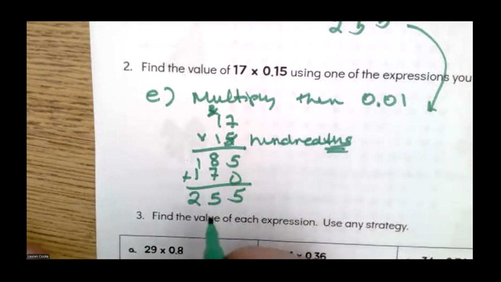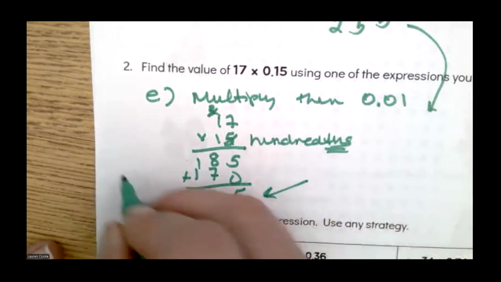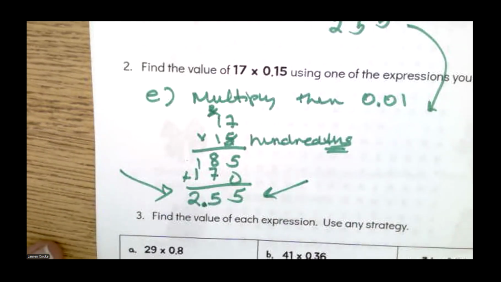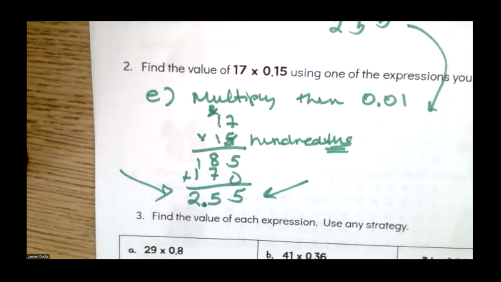If this is in the hundredths place, then my answer has to have a hundredths place. Absolutely required. So this is the answer. Super fun. I should not have seen any other bizarro, weird stuff happening. You use the standard algorithm. That's why we learn it. We use it for lots of things.